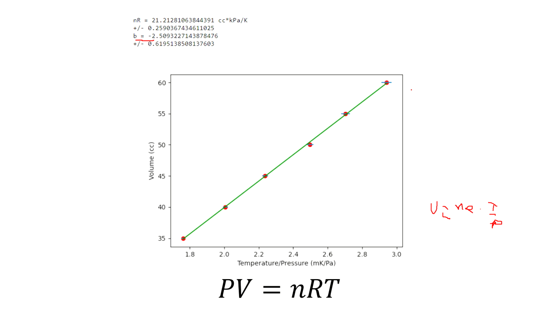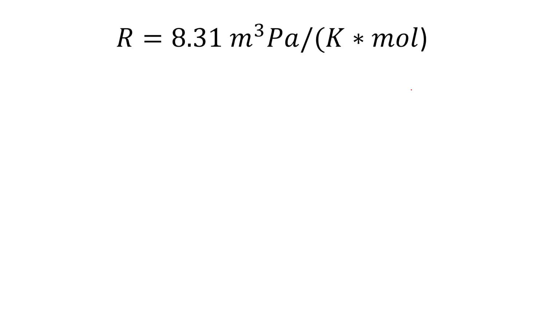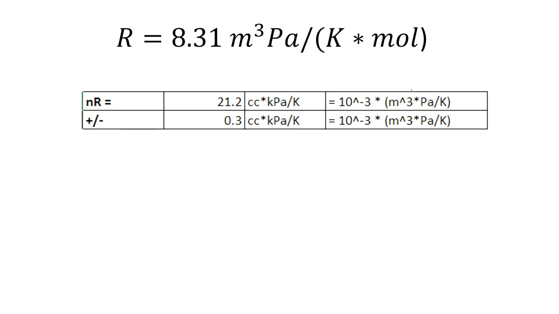But most importantly, we can get from the slope the value of the number of moles times R, which will be around 21.21 cubic centimeters times kilopascals per Kelvin. Now, R is equal to 8.31 cubic meters times pascals divided by Kelvin times moles. So when we try to calculate the number of moles, we need to change the units to this.